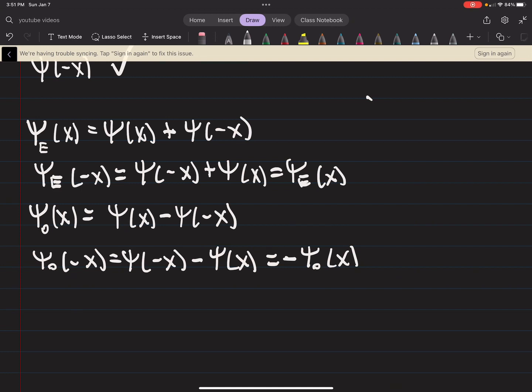Okay? And the reason why we know that these are solutions, the even and odd, is because they're a linear combination of two solutions that we do know, psi of x and psi of minus x. Well, if psi e and psi o are both solutions, then a linear combination of them is also a solution. So you can write a solution as a linear combination of these even and odd functions.